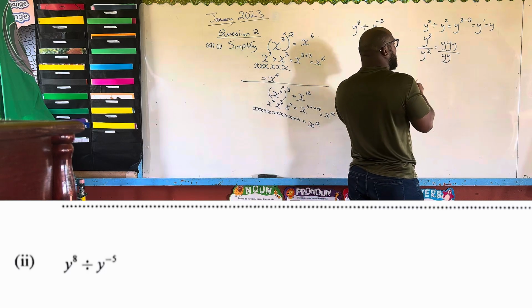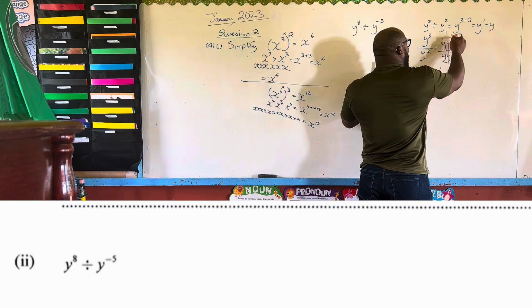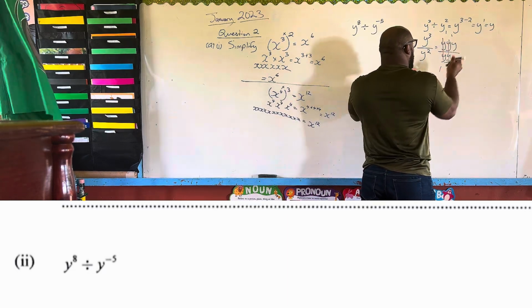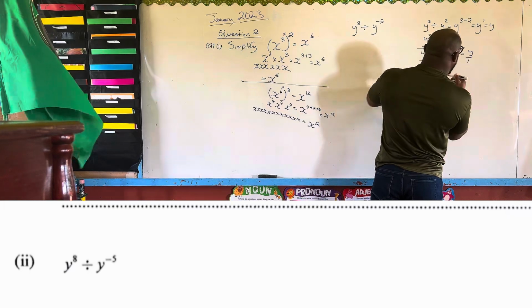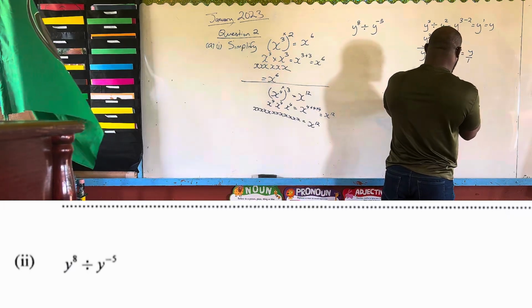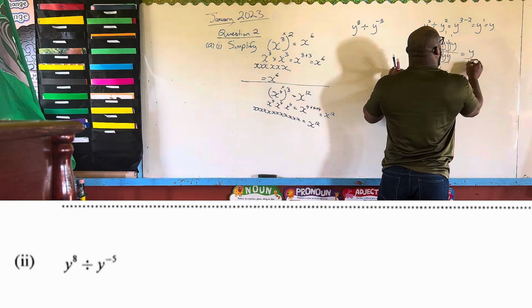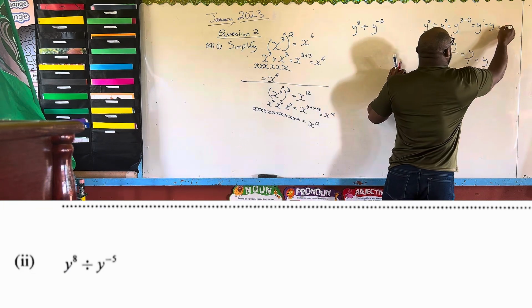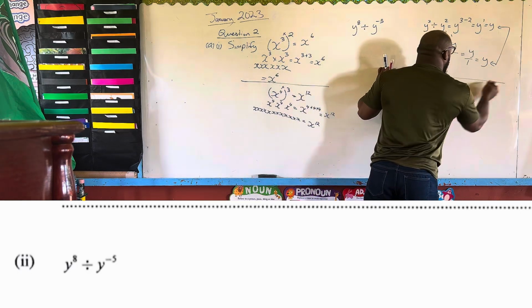What can that mean? Go back, then again, go back. That leaves me with y over 1, which is y. Yeah, the same. Good.